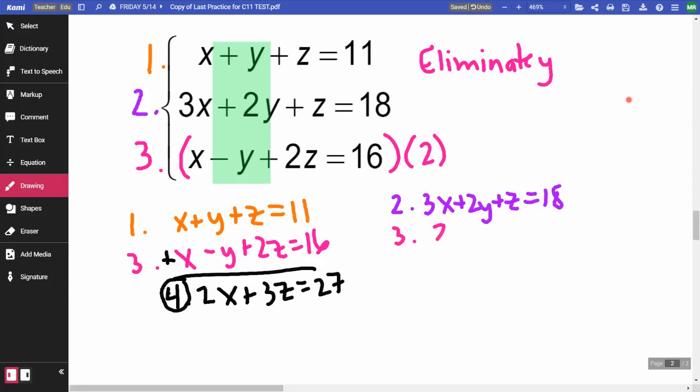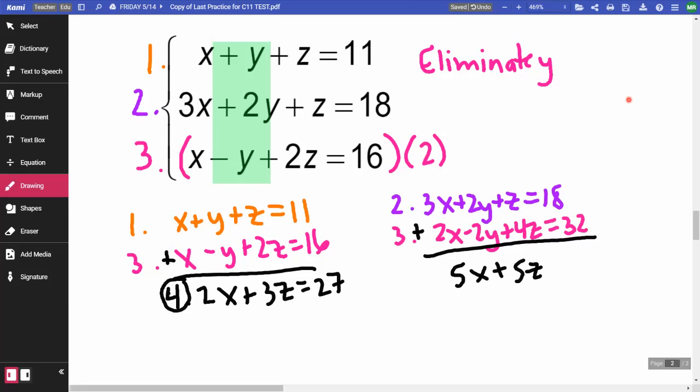So I'm going to get 2x minus 2y plus 4z is equal to 32. And now I'm going to add these together. So I get 5x, my y's cancel out, plus 5z is equal to 50. So now I'm going to call this equation 5.